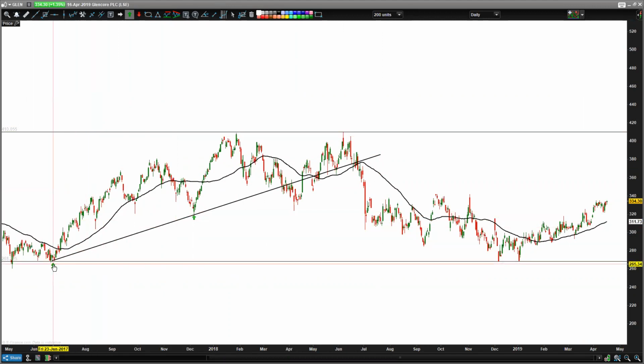You don't know that until, from the 22nd of June to the 6th of December, we've got the benefit of hindsight. We don't know that it's going to suddenly drop down there and run up. What we do know is next time that it comes down there, if it holds it, there's a chance that it could go up again. Only this time it's a weak stock and it drops.